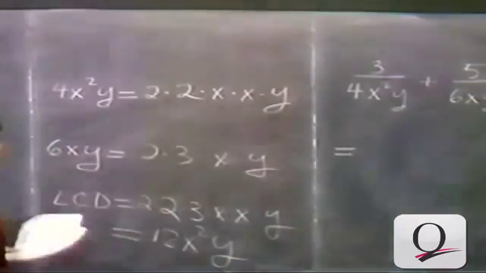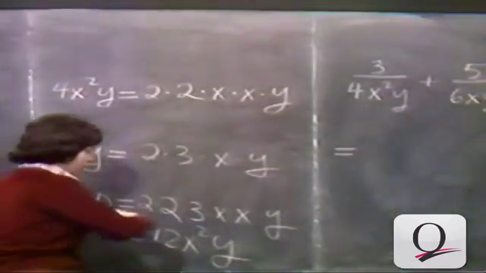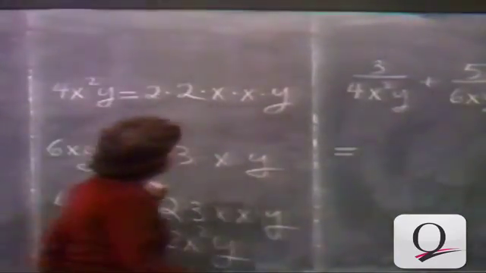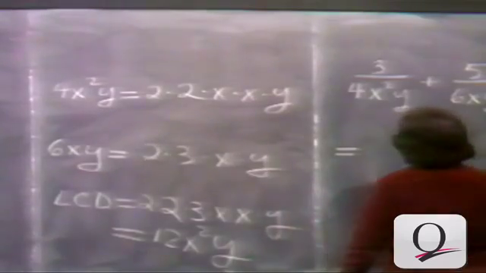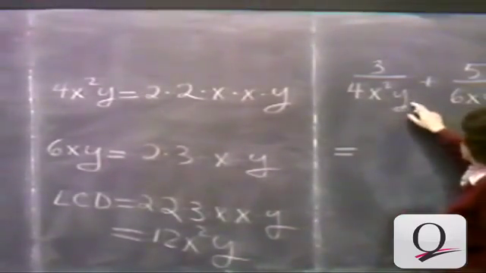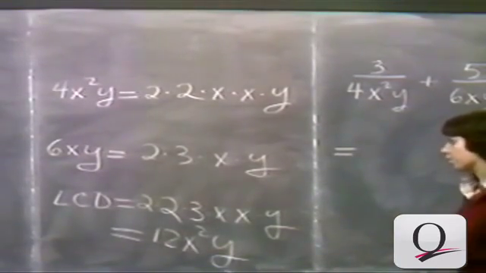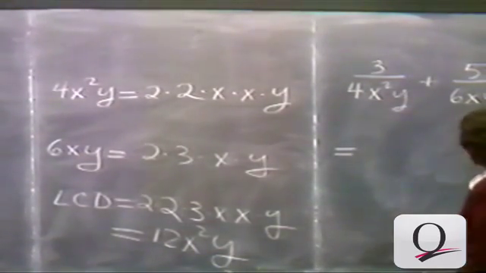Now, after a while, you'll get good at this, and you'll be able to figure out the lowest common denominator without all of this work. We want the smallest number that has both 4x squared y and 6xy as factors, and the smallest number is 12x squared y.